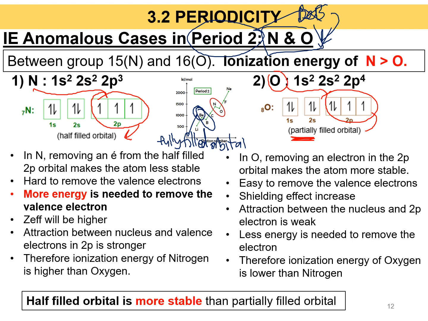Manakala kalau N dan O pula, N is more, dia punya ionization energy more than O. Sebab kenapa? Sebab N dia ada half filled orbital dekat valence orbital dia. Okay.